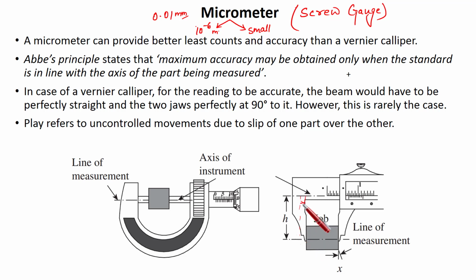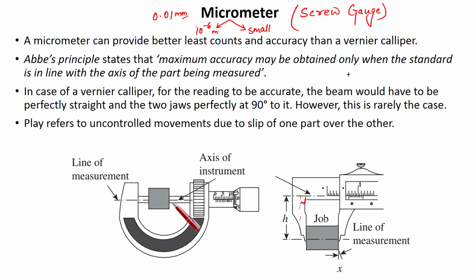There should not be any kind of deviation. If there is any deviation, this x will come, and due to this there will be an error. And it has been observed that it rarely happens that the jaws will be perfectly perpendicular to the axis of the instrument.